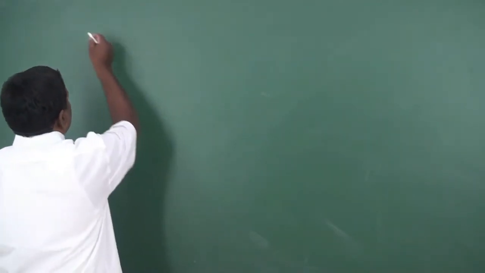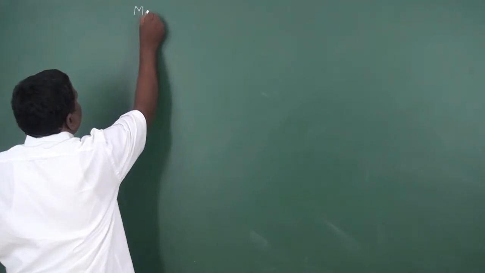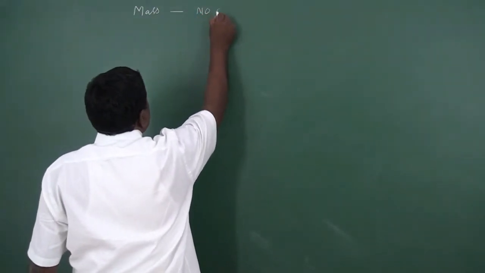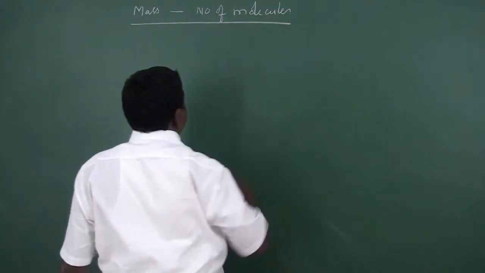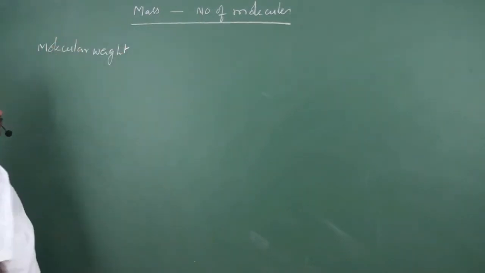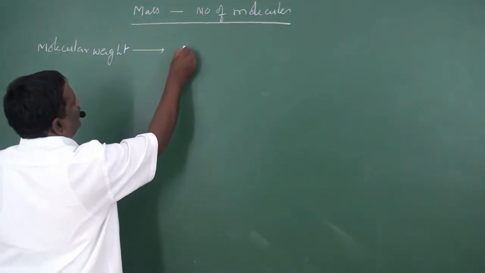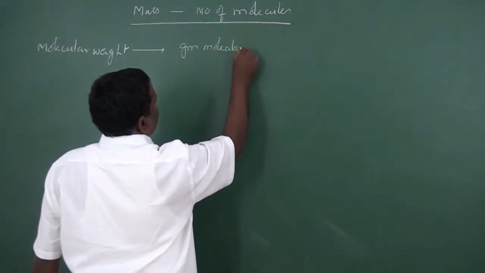So if you take any substance in grams equal to molecular weight, then it is said to be gram molecular weight.